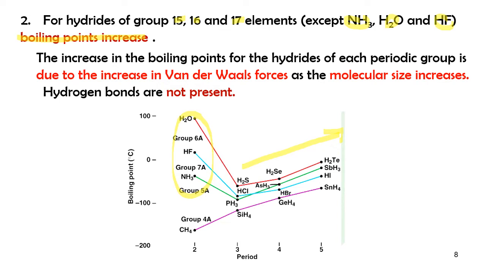Let's look at the gradual increase first, the normal trend. The increase in boiling point for the hydrides is because of the increase in van der Waals forces. As the molecular size increases, the strength also increases gradually. But for all of them, there is no hydrogen bond.